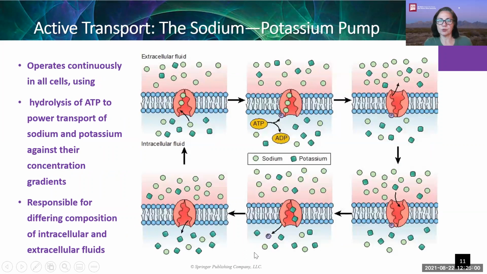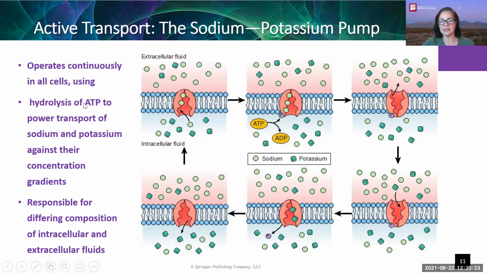And then active transport. The example we're using here is the sodium potassium pump. You've heard about it a million times in your biology classes. It operates continuously, or they operate continuously. So their proteins are embedded in the phospholipid bilayer. We have to pay for this movement every time.